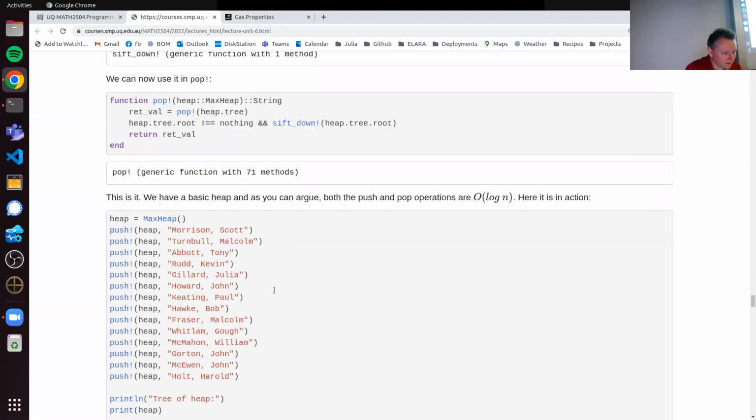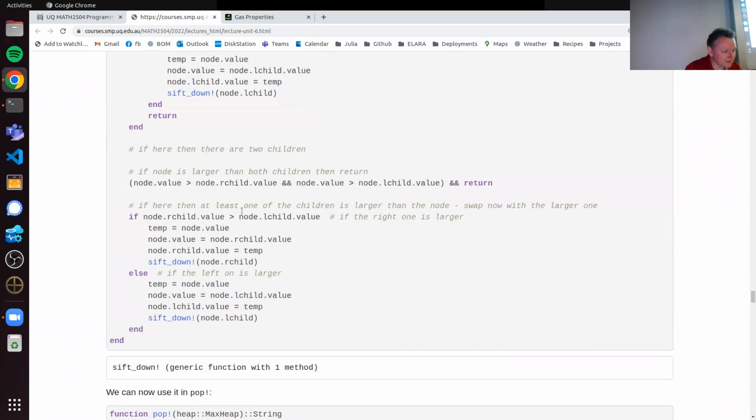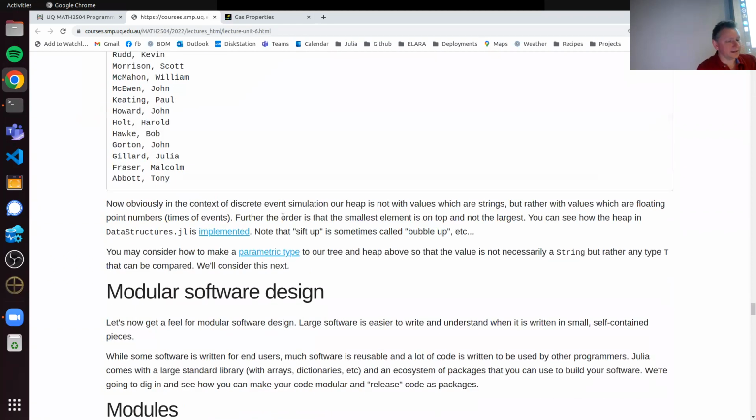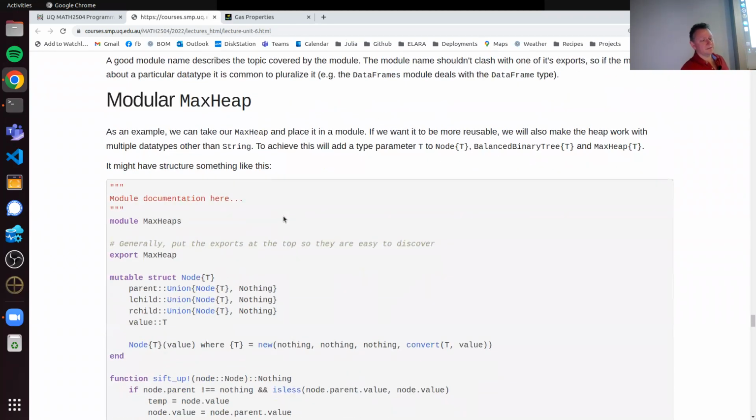Yeah, so I'll recap this, especially this, tomorrow, and we're going to go through it again and figure out how to make a modular max heap. So we're going to make something like DataStructures.jl, how they export one. How would you go about creating one of those and using them in your code?